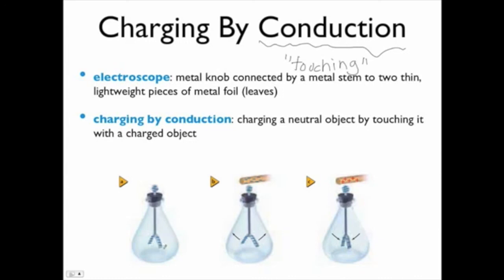You have these lightweight pieces of metal, and they're going to be spinning, and then you're actually going to charge this, and this rod that you've got here will be a different charge than the little metal knob. And then charging by conduction, again, you can touch something that is not charged with something that is charged, and you can charge that by conduction. Again, that's what's going on with the balloon in your hair.